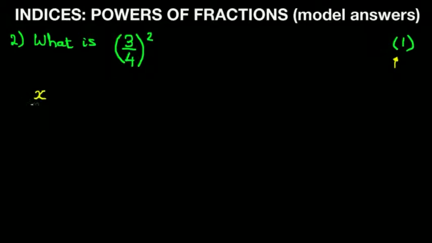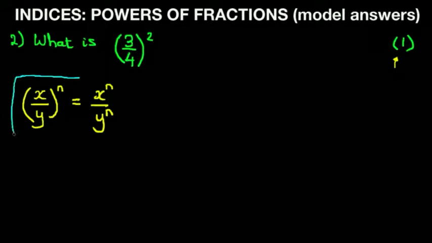So we have x over y to the power of n equals, to get rid of the brackets, x to the power of n divided by y to the power of n. And the more often you write these formulas for the relevant questions, the more often you will be able to deduce what the question is asking.